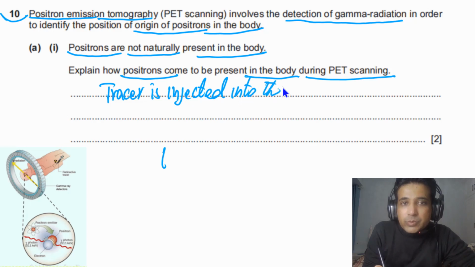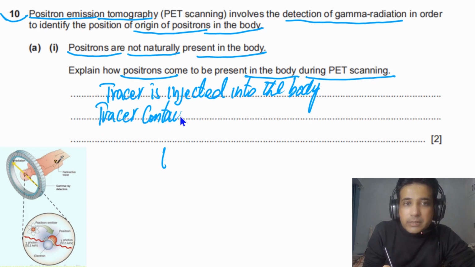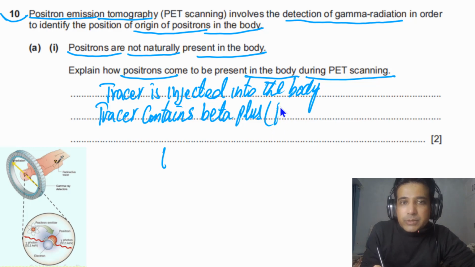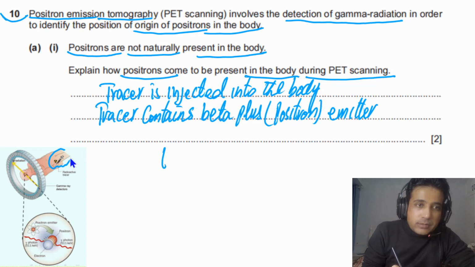The tracer is injected into the body of the patient, and the tracer contains a beta plus emitter, or simply you can say a positron emitter. So this is what you need to write down for the answer to this question. You can also see in this picture how the tracer is injected into the body of the patient.